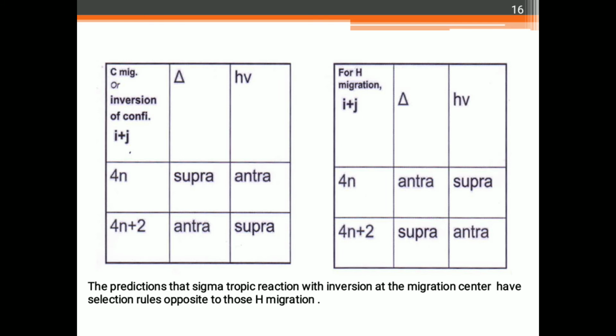In the case of a 4n plus 2 type of reaction, in thermal condition, antarafacial migration is allowed, and in photochemical condition, suprafacial migration is allowed. The prediction is that sigmatropic reactions with inversion of the migrating carbon center have a selection rule opposite to hydrogen migration, which we saw in this picture. Both are opposite.